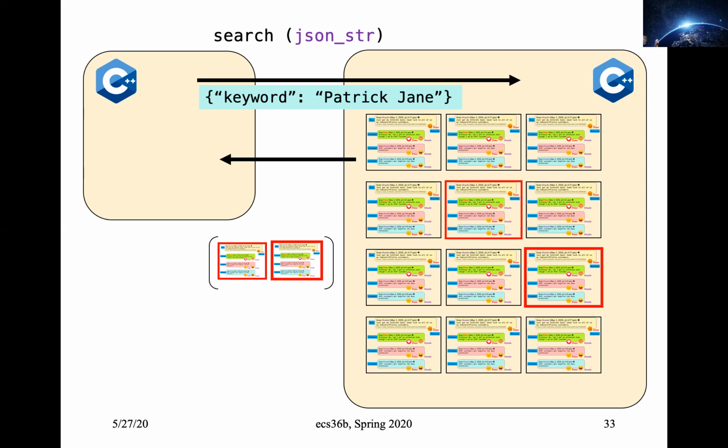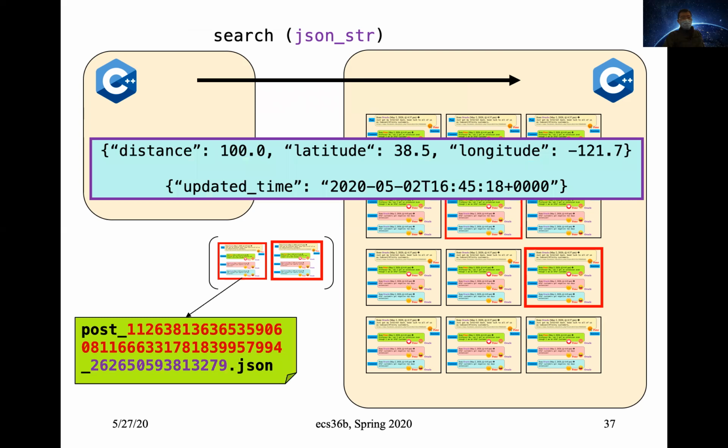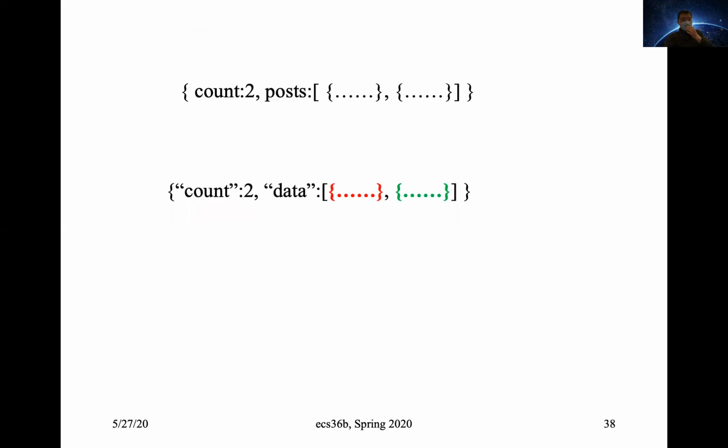So there are two posts in my search engine that contain those keywords, found using the map. And once you get back here, just to let you know what the output looks like, the output looks like this.